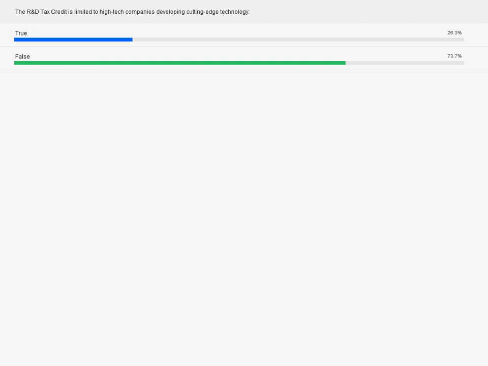Going back to some of those industries that were specifically listed on those slides, it's everything from aerospace to life sciences to wineries. Really, any company that is developing some type of product or some type of process is eligible to qualify as long as they meet those core requirements.